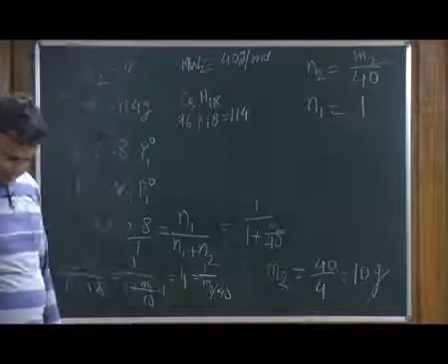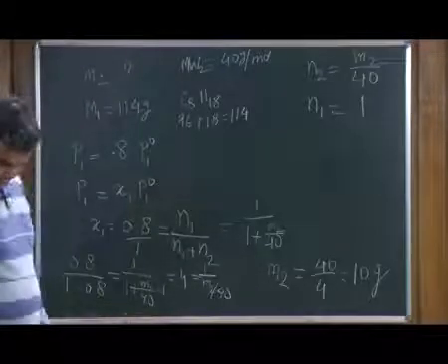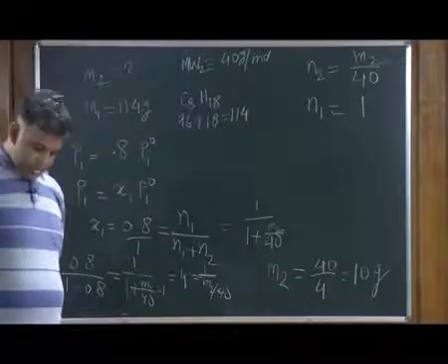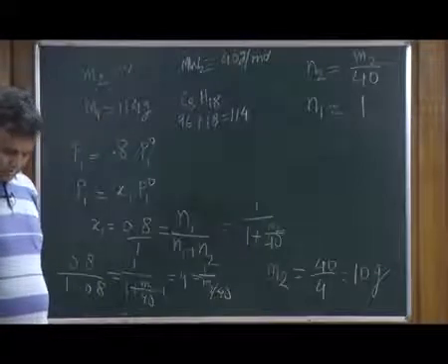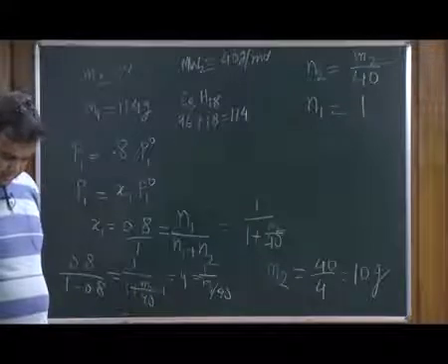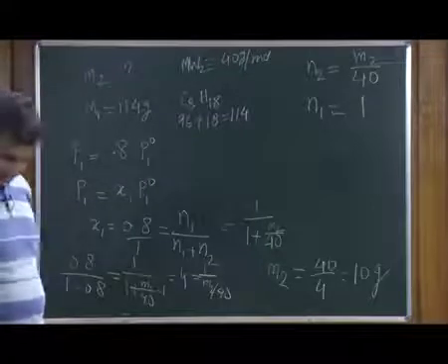Okay. Let us discuss one last problem for this section. Okay. 2.19, the next problem. A solution containing 30 gram of non-volatile solute, exactly 90 gram of water has a vapor pressure of 2.8 kilopascal at 298 Kelvin.